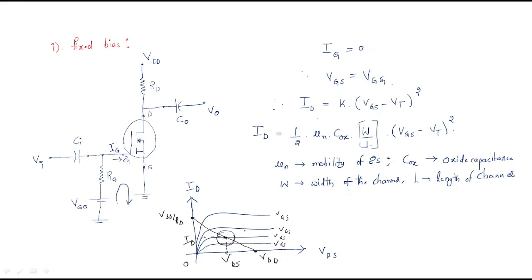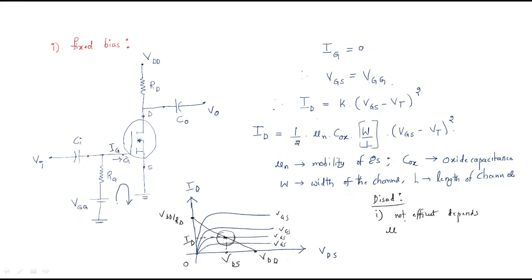Okay. So generally, this is the fixed biasing technique. This fixed biasing technique has some disadvantages. The first point is that it is not an efficient method, because this biasing method depends on mu n and COX.